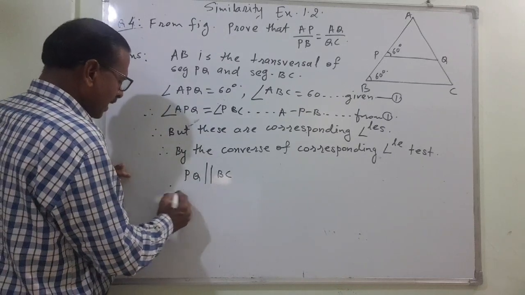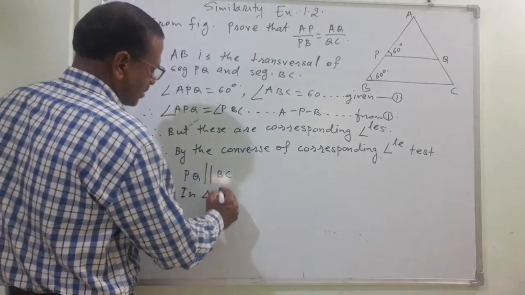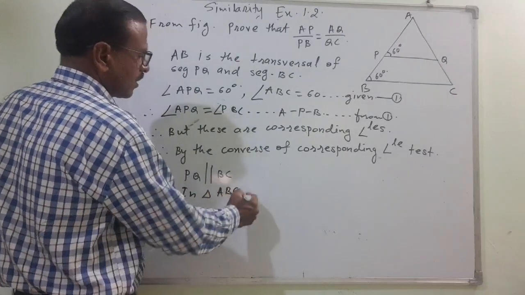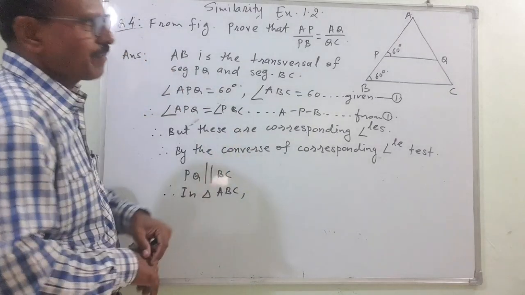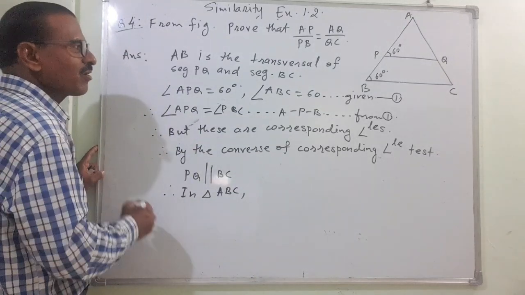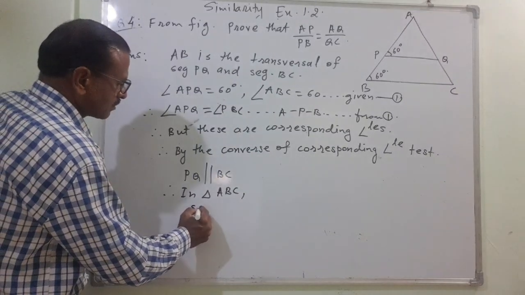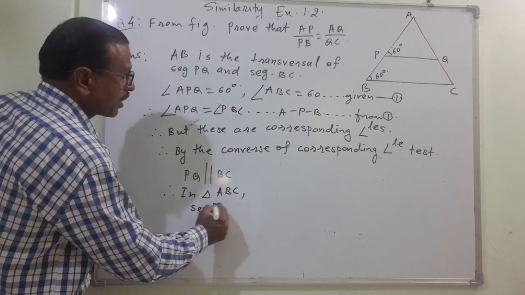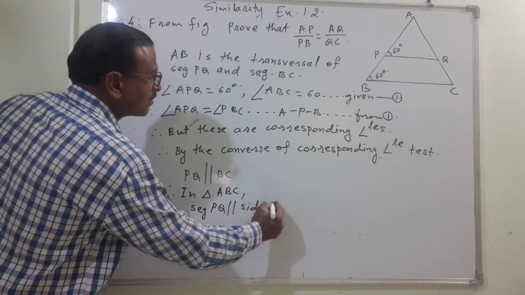Therefore, in triangle ABC, this is the first part. I have to prove that PQ and BC are parallel. In triangle ABC, what have I got? Segment PQ parallel to side BC.